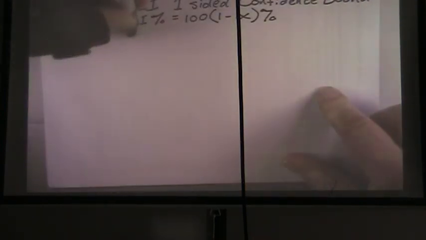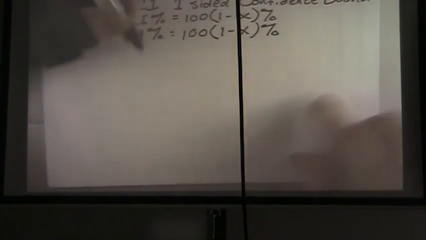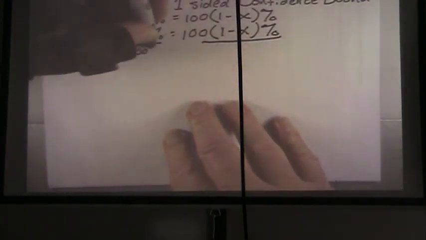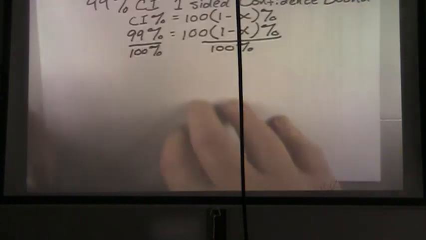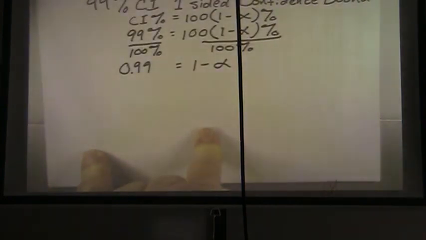In this case, we're going to put 99% equals 100 times the quantity 1 minus alpha percent. As usual, we're going to divide through by 100%. So that we get 0.99 equals 1 minus alpha.